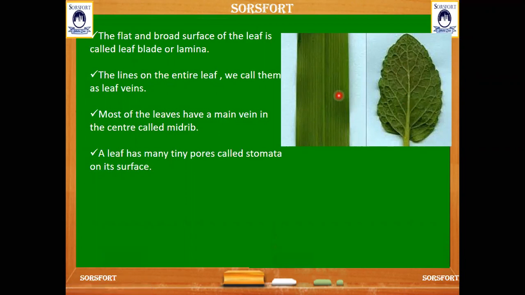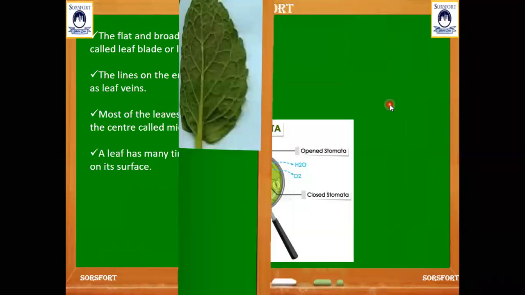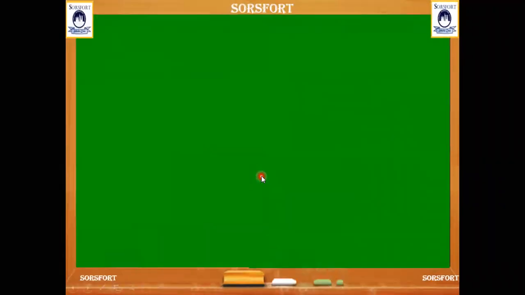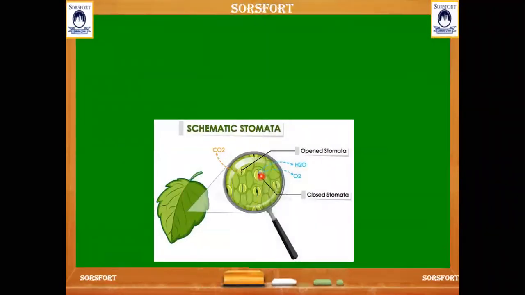And in the leaf we can find tiny pores called stomata. We can see the tiny holes. They are the stomata. What do they take in? They take in carbon dioxide and leave out oxygen.